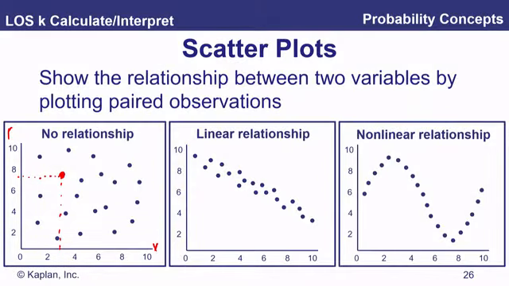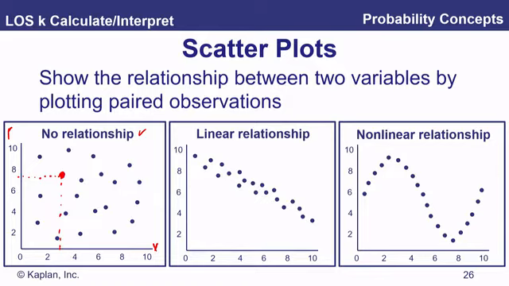Just in examining it, sometimes it's obvious what the relationship, if any, is. Now, we see this first one where it says no relationship, and there's really no pattern. That would go back to our low correlation, or independence.